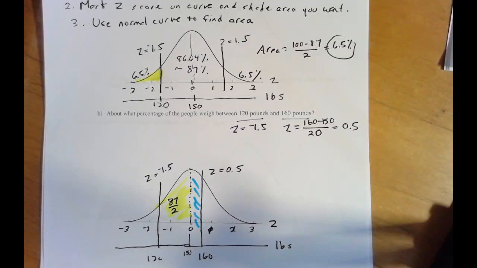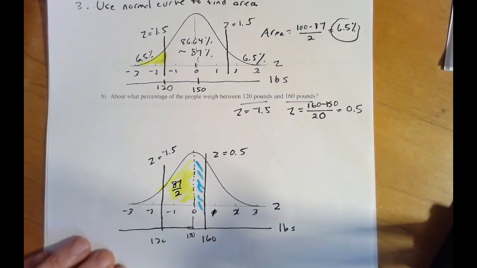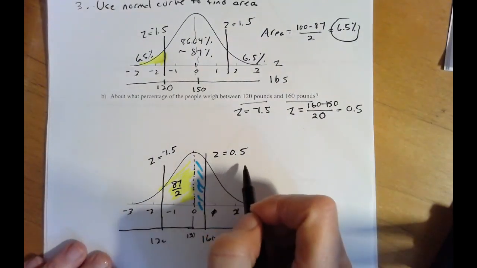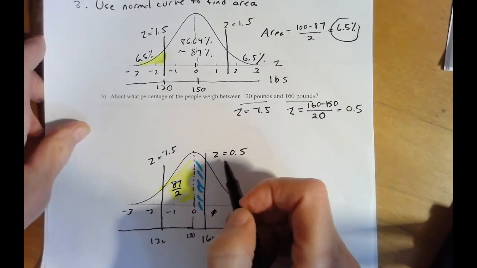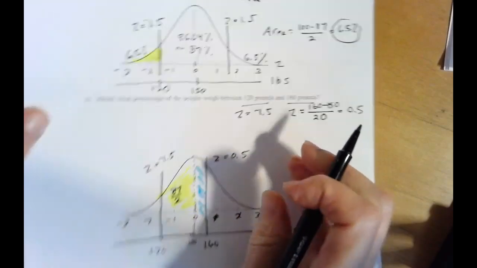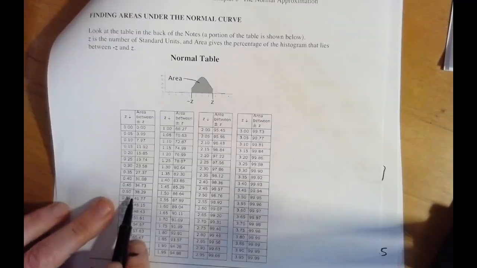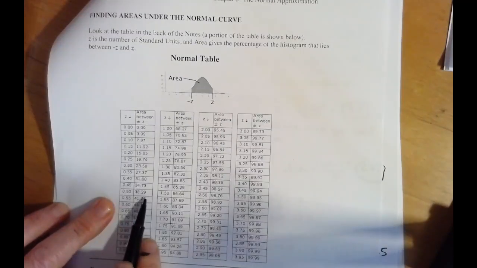Well, what's that going to be? Well, we have to use the normal table, and the normal table is always going to give us a middle area. It will give us the middle area between 0.5 and negative 0.5, so we'll just take half of that. So let's see what that is. So right here, z equals 0.5 gives us 38.29. Let's just round that to 38.